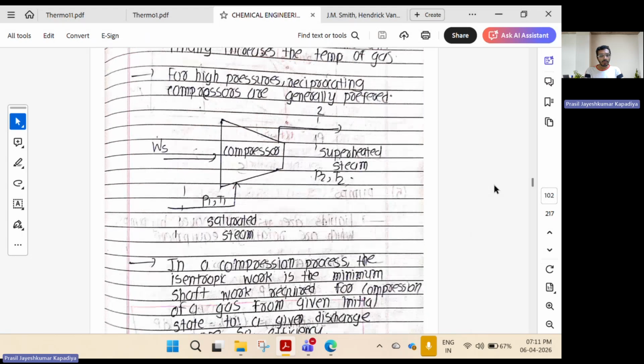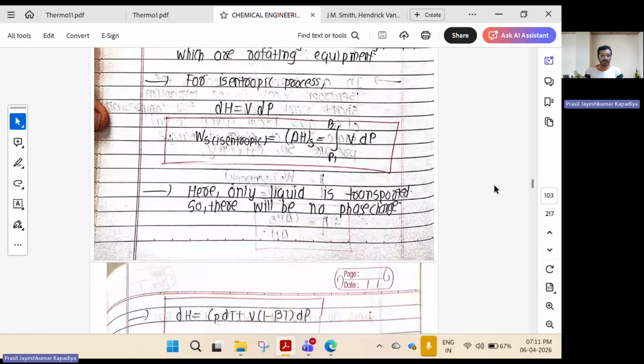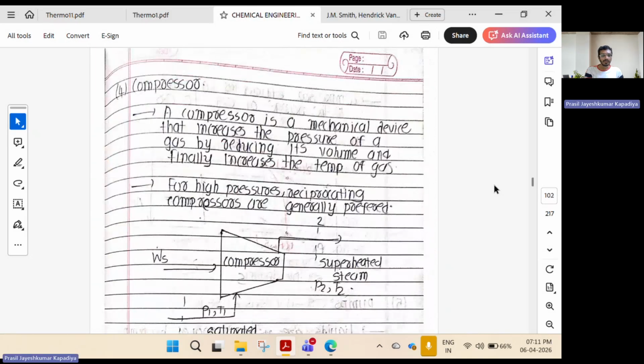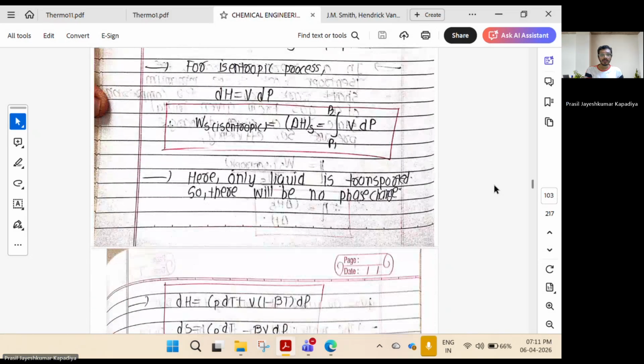And then for the pump we considered delta H equal to VdP. So delta H is the work done.